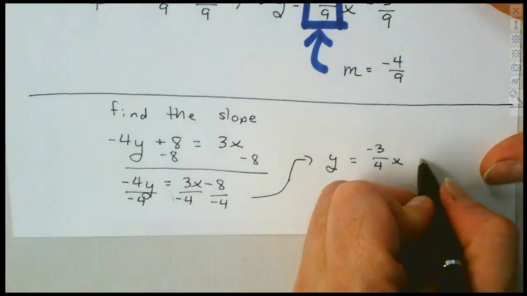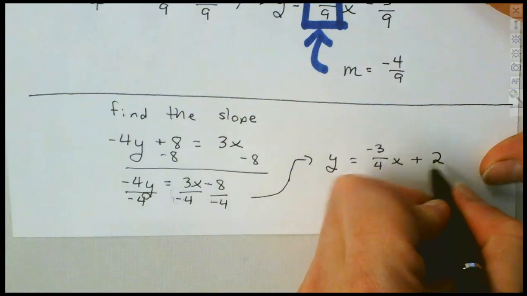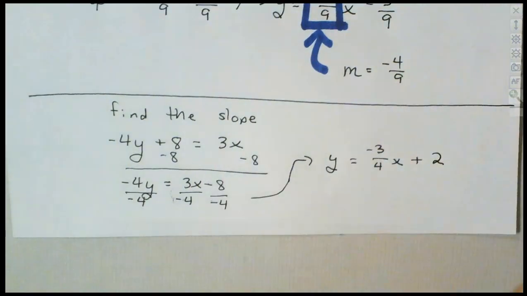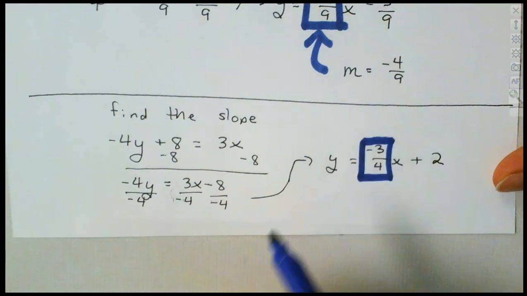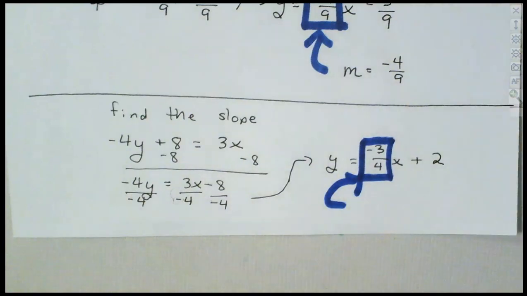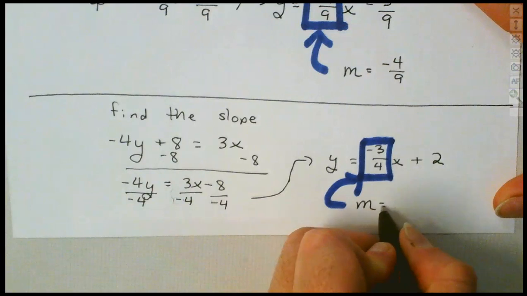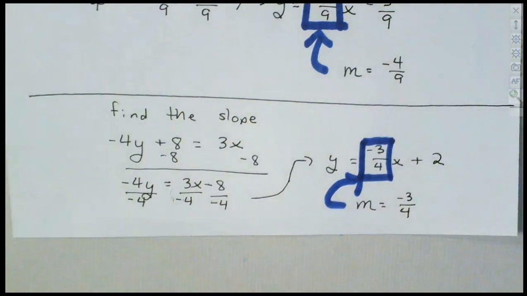Negative and negative makes it a positive, and 8 divided by 4 is a 2. We want our slope. Next week, we're going to talk about the y-intercept. But today, we're only going to get the slope. And so what's our slope going to be then? Minus 3/4. So we took our equation, solved it for y, and we got our slope.